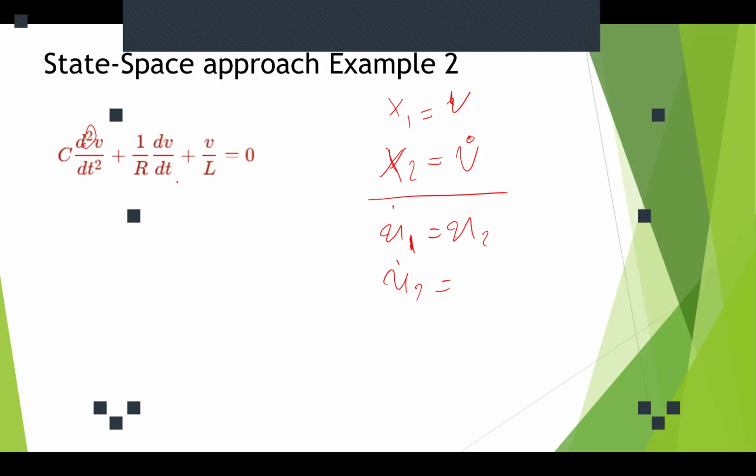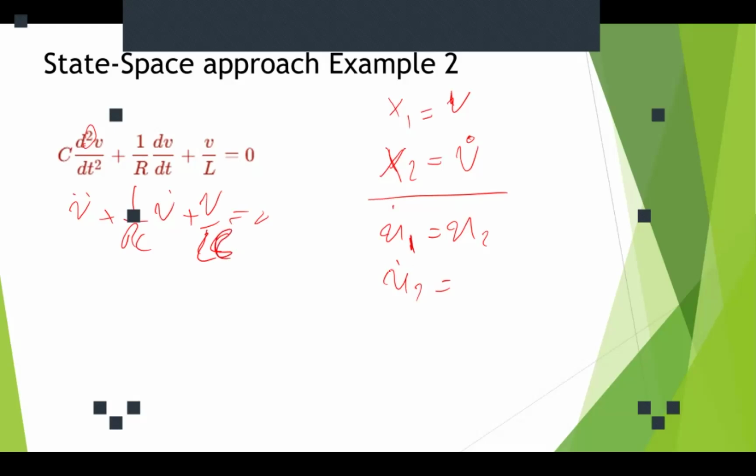From the equation, let's rearrange this: v double dot plus 1 over RC times v dot plus v over LC equal to 0.